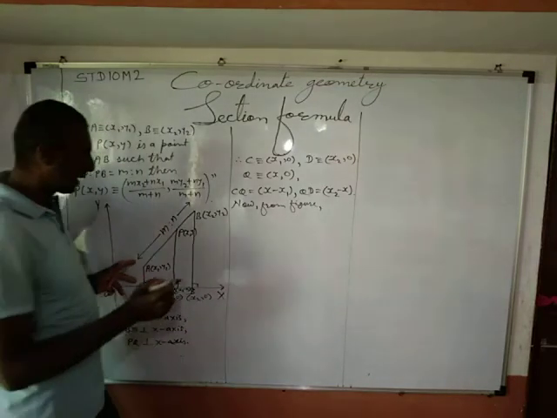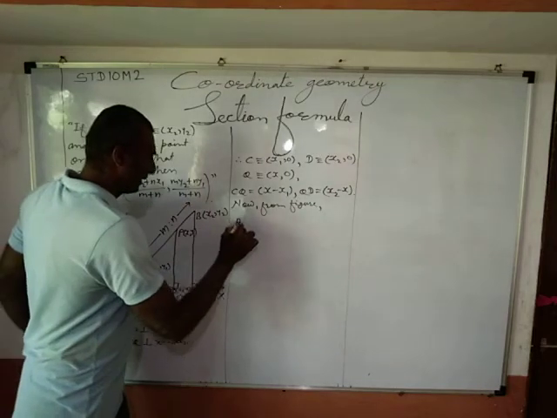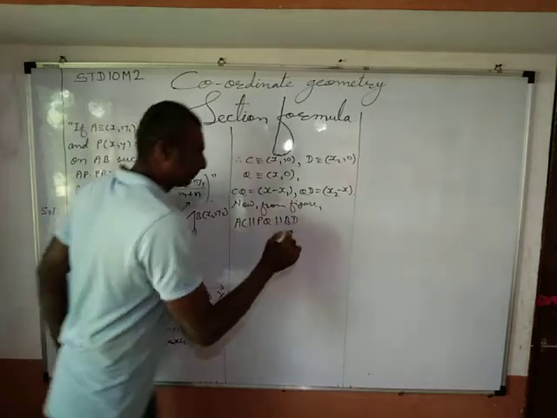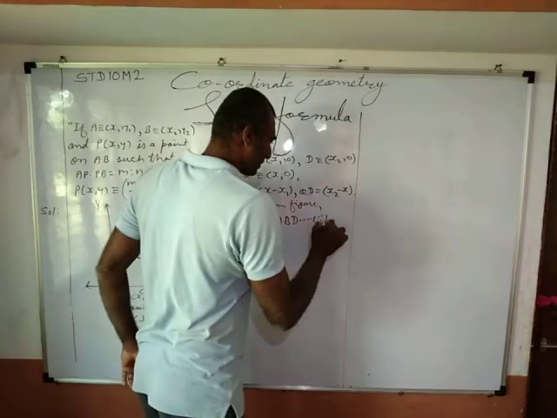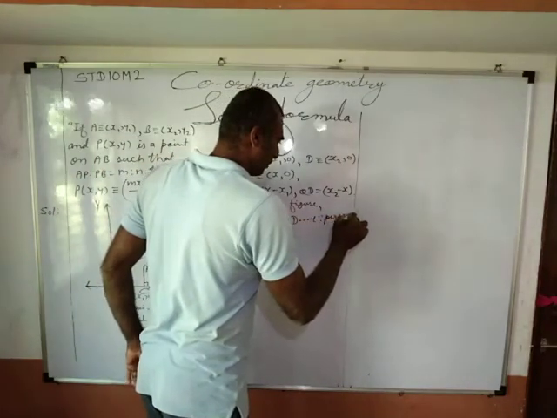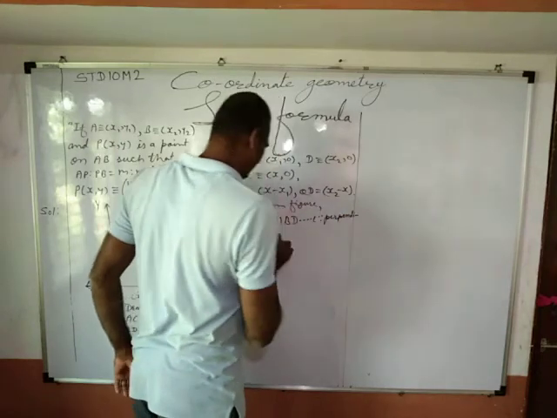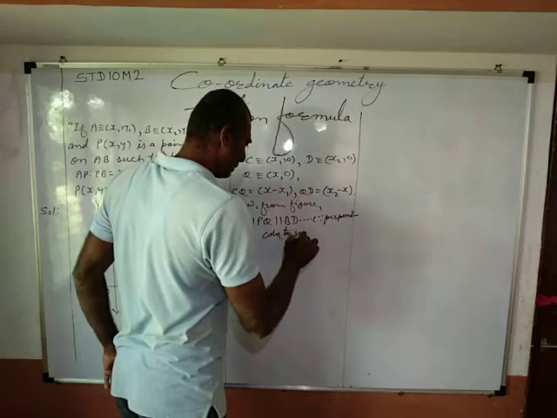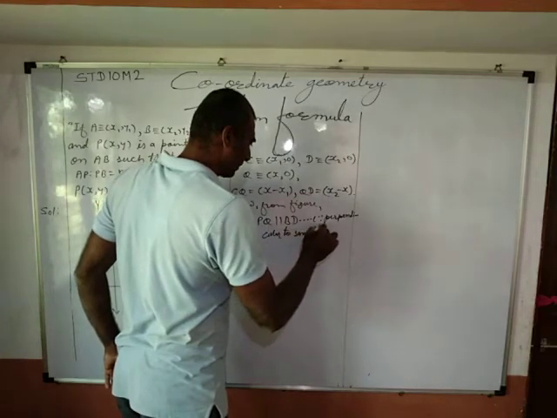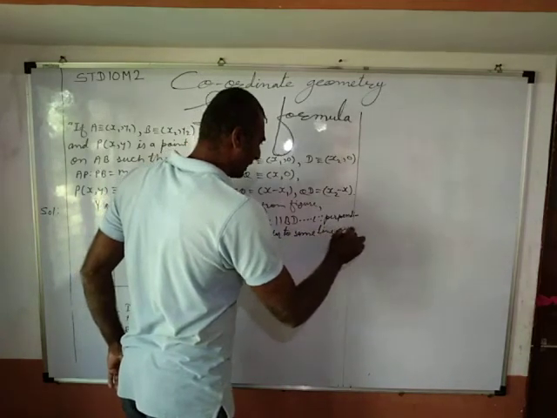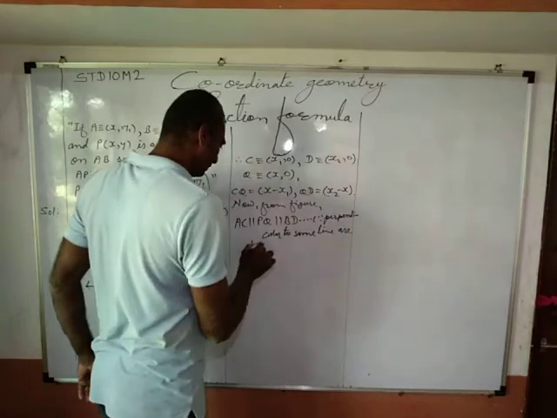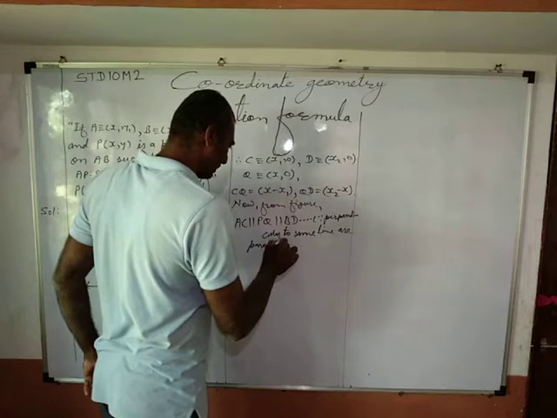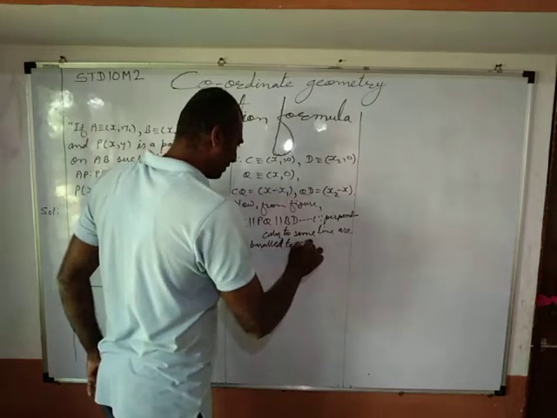Therefore, we may write here from figure AC is parallel to PQ is parallel to BD, since perpendiculars to the same line are parallel to each other.